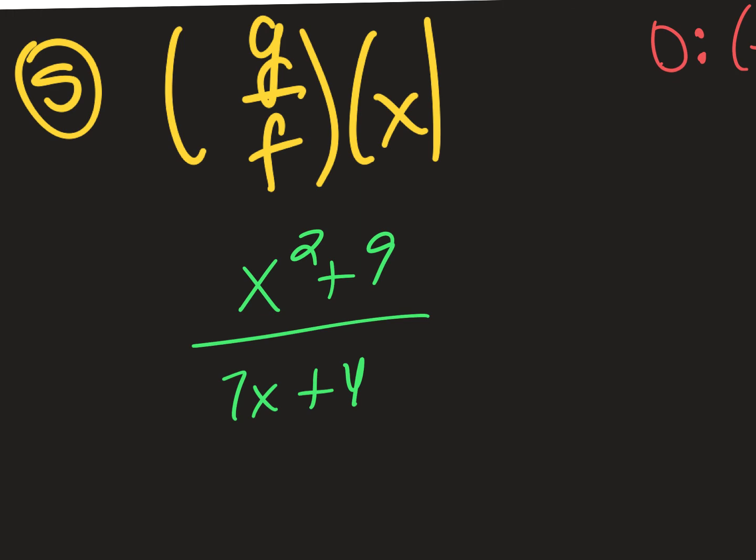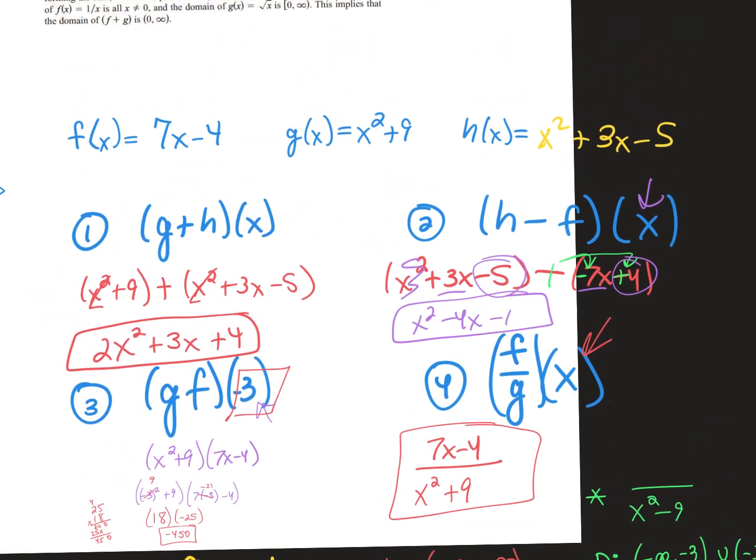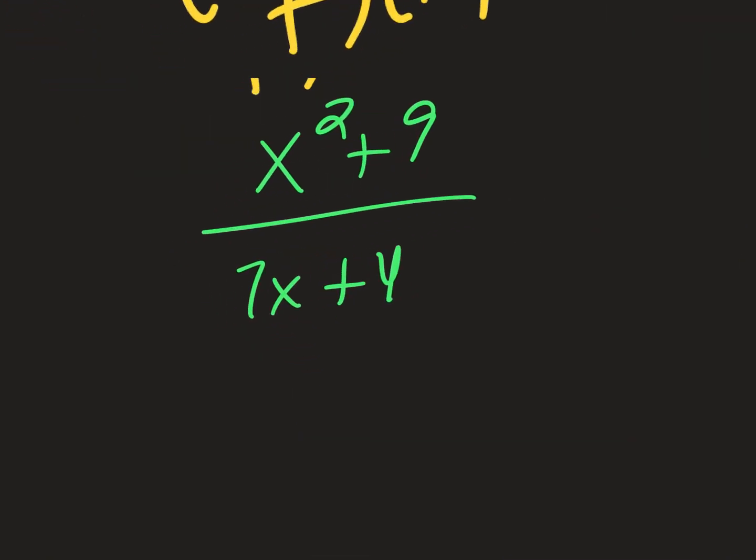Yep. Can I use any number that I want to in the numerator and it's okay? Yeah. Positive, fine. Negative, fine. 0, fine. What can I not use in the denominator? There's something.